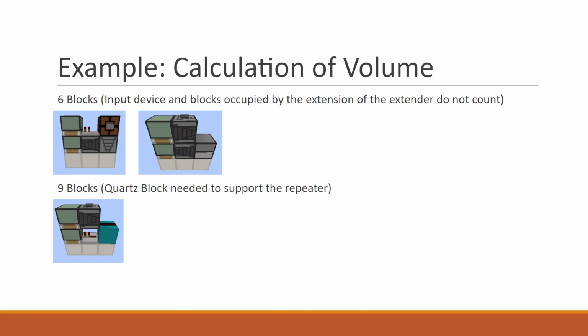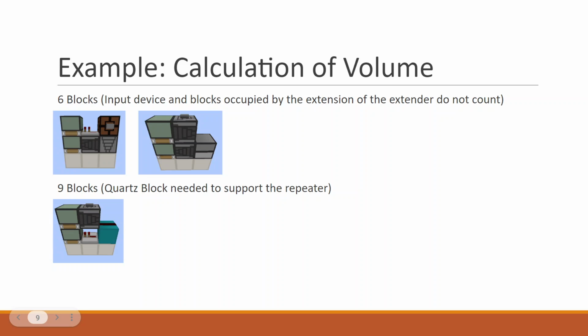One thing to note is that the input device, for example this stone button, and the blocks occupied by the extension of the extender do not count. So you would see this double piston extender extends the quartz block downwards, right? Those blocks we do not count towards the volume. Hence, we have 3 by 2 here, which is 6 blocks, and also 3 by 2 here, which is 6 blocks.